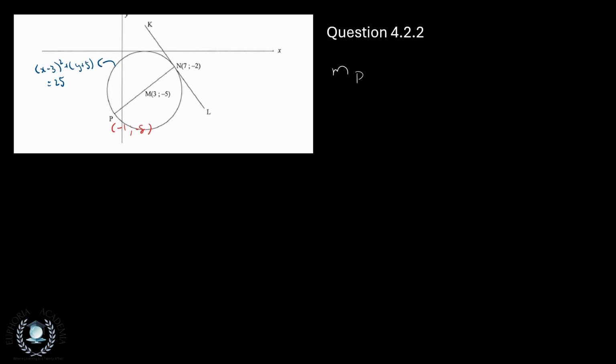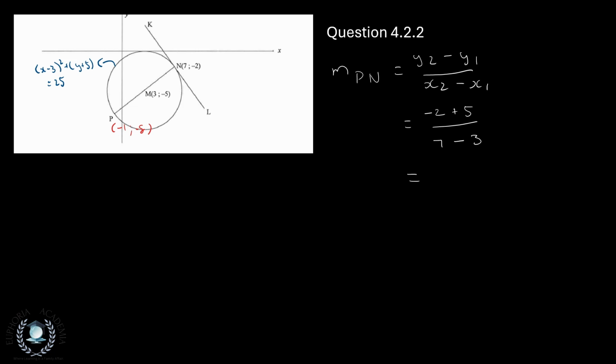So the gradient of PN is going to be y2 minus y1 over x2 minus x1. So let us do some replacing. Doesn't really matter which of the 3 points you decide to choose. I'm just going to say -2 plus 5. And then at the bottom, it's going to be 7 minus 3.